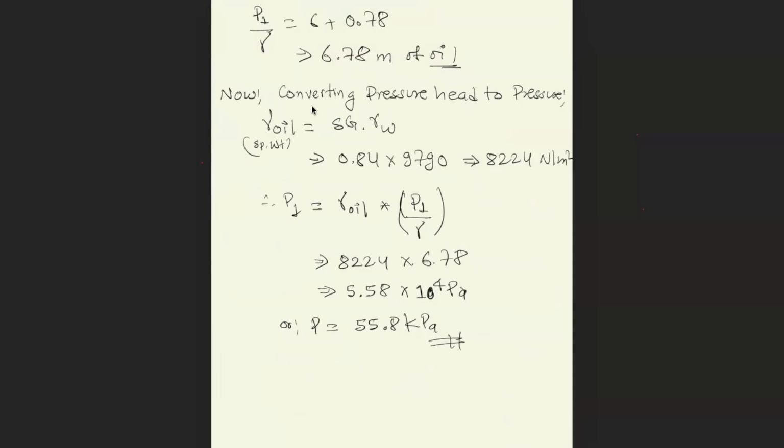Now let us convert that pressure head to pressure. The specific weight of oil is equal to specific gravity times the specific weight of water. Specific gravity of oil is 0.84 times 9790.